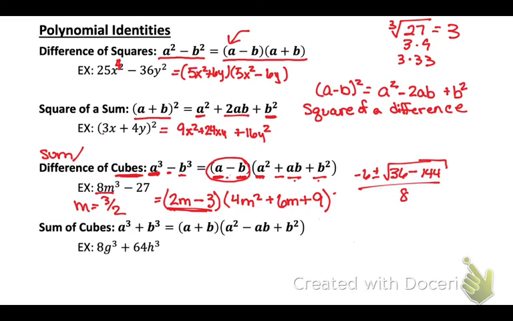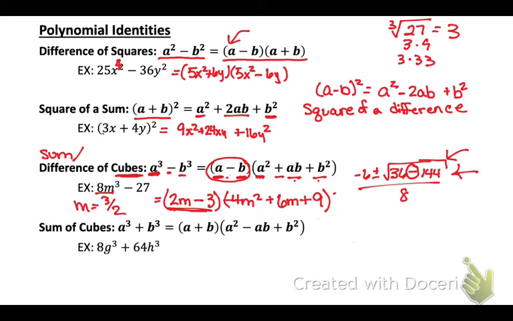I took 4 times 4 is 16 times 9 is 144. I did the quadratic formula, right? What's going to be a problem with that? I'm going to have a non-real solution, yes? Because 144 is bigger than 36.